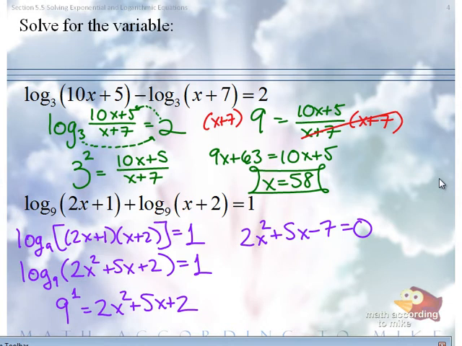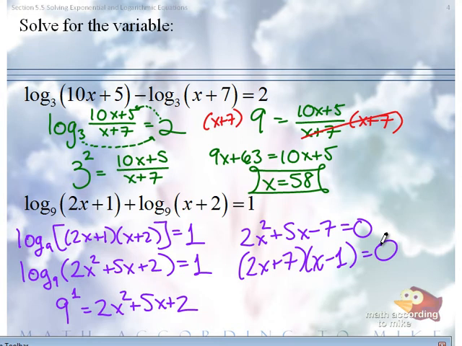How does 2x squared plus 5x minus 7 factor? Solve for x. What do you get? Negative 7 halves and 1.